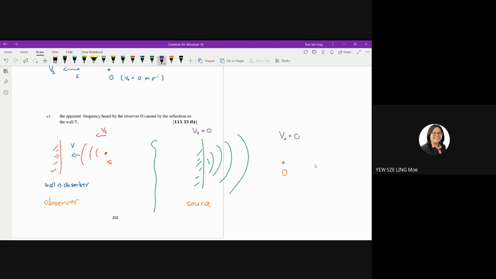By applying the general equation, Fo equals V plus minus Vo over V plus minus Vs times Fs. Since both are equal to 0, Fo equals V over V times Fs, which equals 1. Therefore, F observer is equal to F source. If you have both a stationary observer and a stationary source, this is what is going to happen.